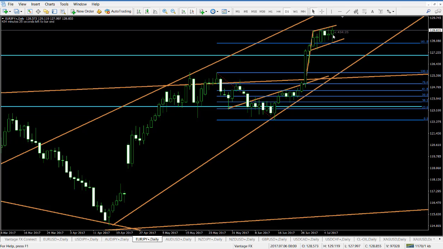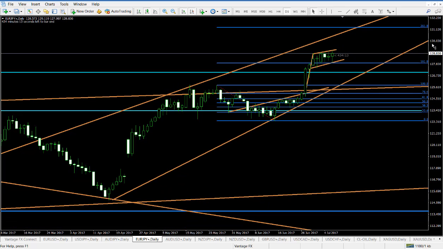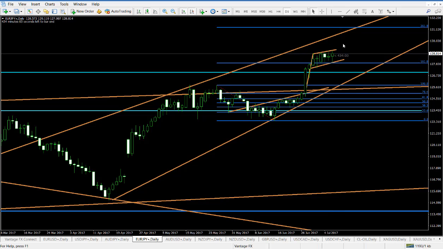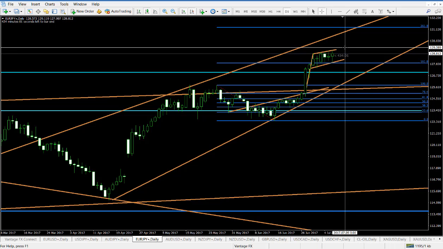It shows that the buyers are stronger than the sellers, so they try to push the price up. And if that channel breaks as well, on top of this 161.8, the next level is going to be close to 261, and it's going to be 200 pips. If you put a buy stop, a pending order here, it's going to be 190 to 200 pips. So conservatively, your target can be about 150 pips.